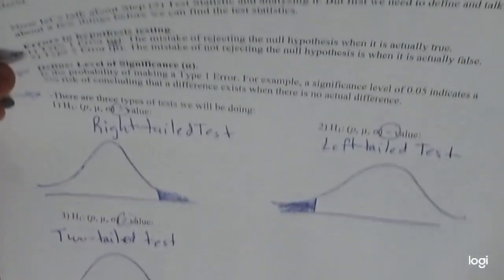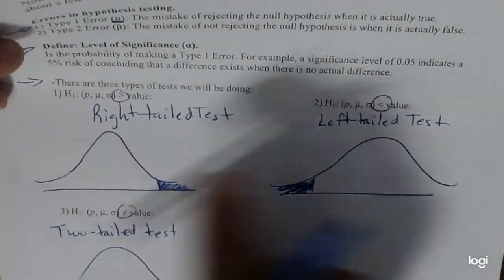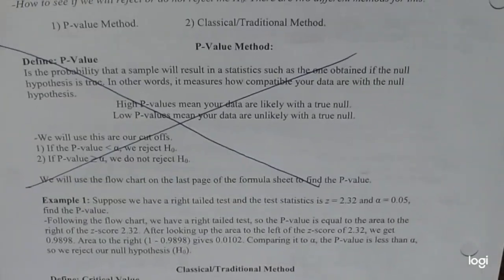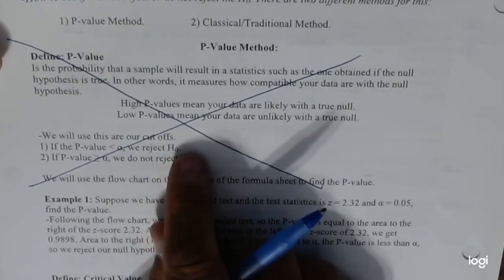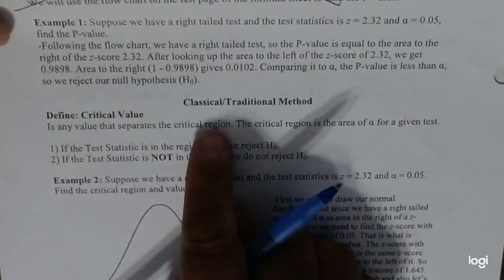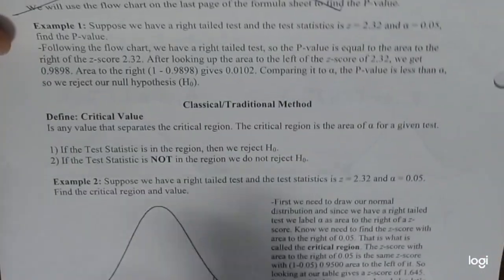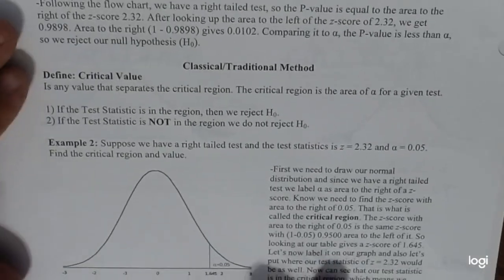This is the first step of analyzing: finding what type of test we have, and then from there using these two types. The p-value method is preferred mostly in actual programming, using a calculator. But for our class, it's probably easier to use the classical approach, since we have the tables anyways.